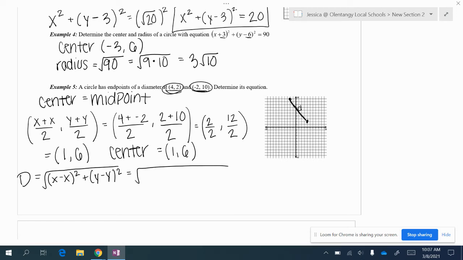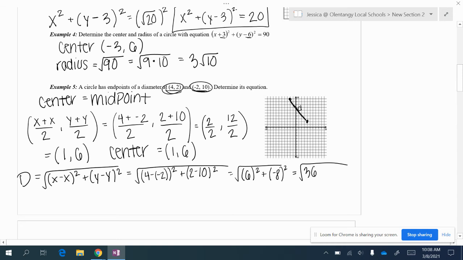So 4 minus negative 2 squared, and those are my x's, and then my y's, 2 minus 10 squared. 4 minus negative 2 is 6, so that's 6 squared. 2 minus 10 is negative 8 squared. 6 squared is 36. 8 squared is 64.